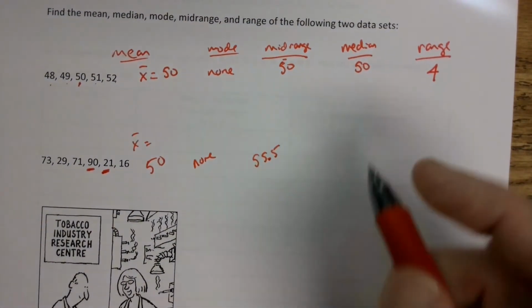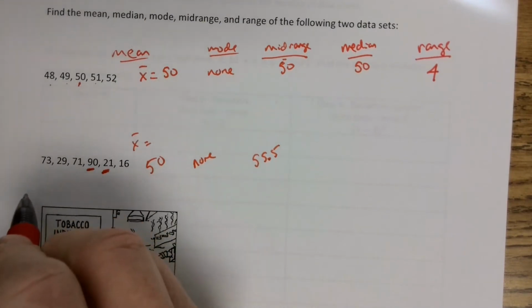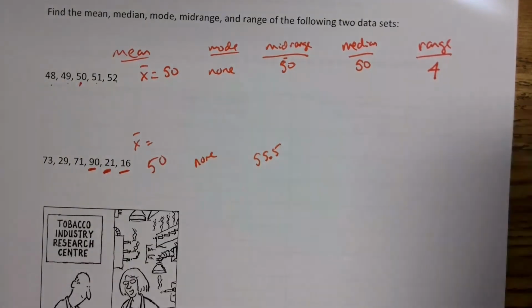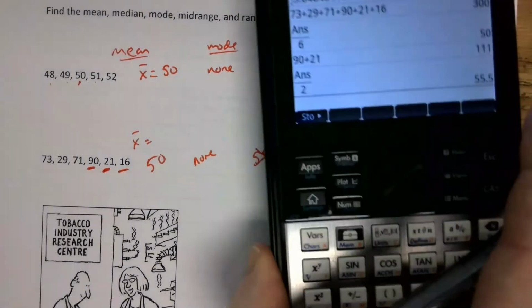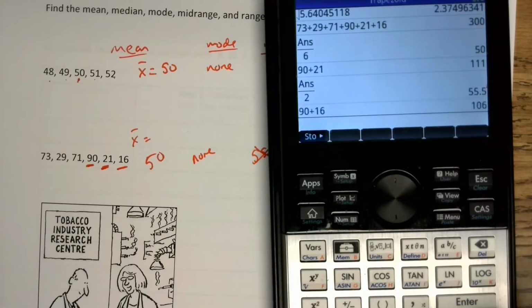The median, let's see, oh no, it's plus 16. Dang it, that's wrong. Why did y'all stop me? 90 plus 16 divided by 2 is 53.